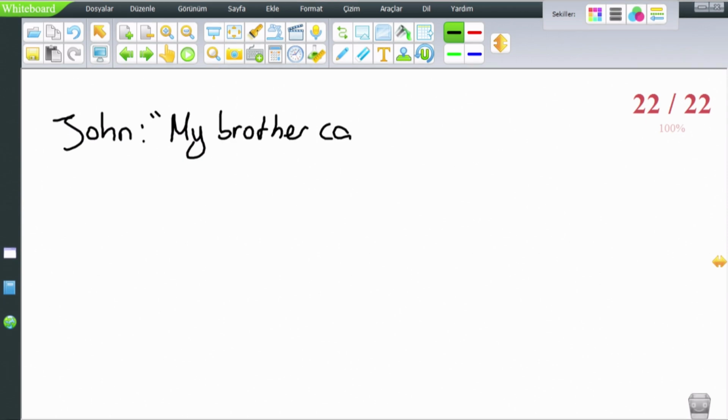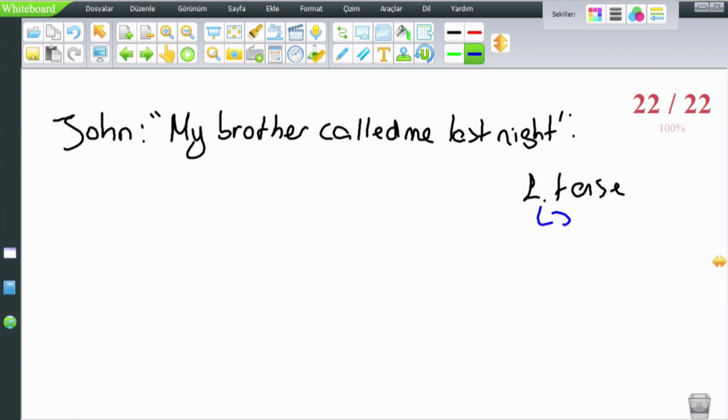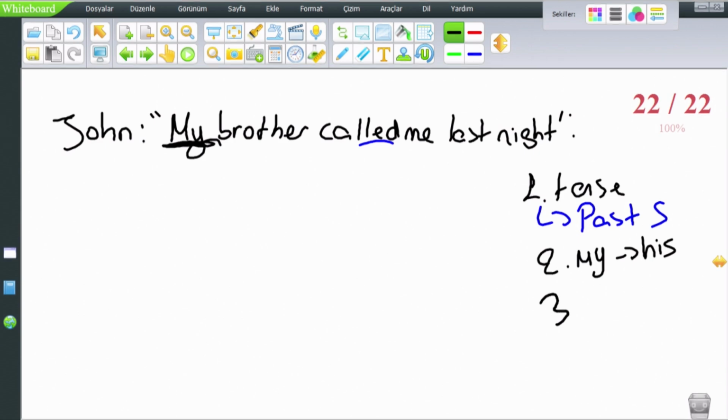My brother called me last night. So we said that the things we should pay attention to is, first things first, tense, which in this case is past simple. Second thing, if there is a pronoun or a possessive adjective, you can see the possessive adjective, which is my, so I will transform it to his.